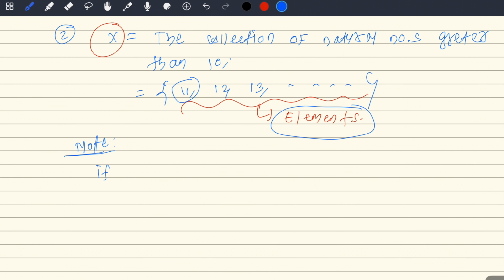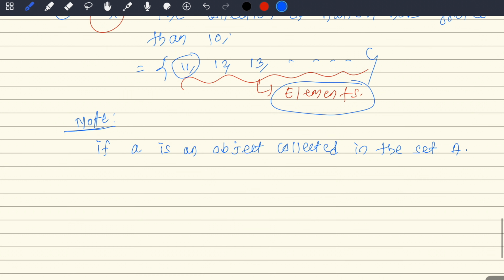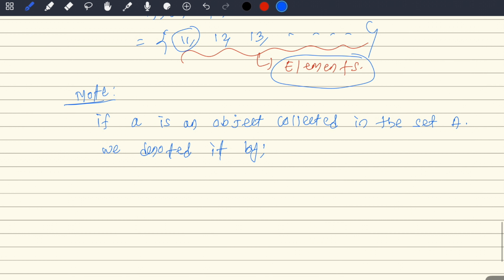If small a is an object collected in the set A, then we denote it by the symbol a belongs to capital A. So how to read this?